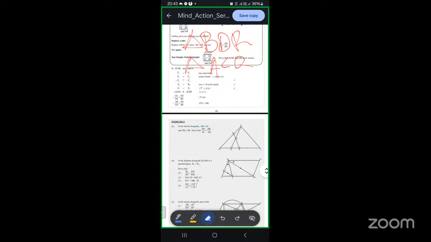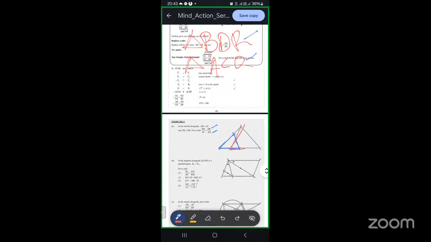Now let's go back to the question. We used these numerator letters to create that triangle, and then we used the denominator letters to create that one. Now we look at BDR. BDR is this one. Then we also looked at ACQ.